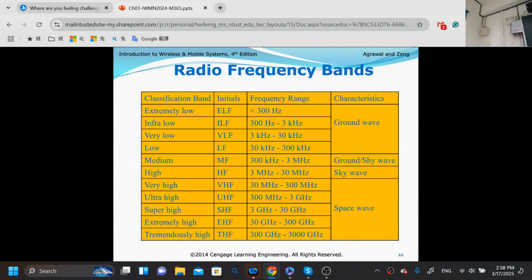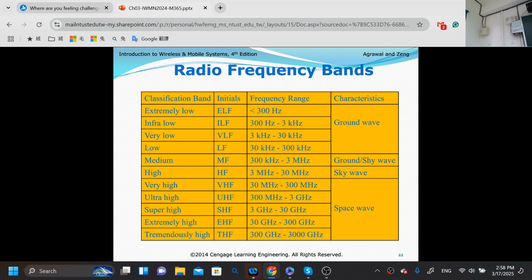So we have a lot of EM waves, but they don't have the same nature. We can pass on the frequency to have the frequency band. The frequency band starts from 300 Hertz and then multiplies by 10.